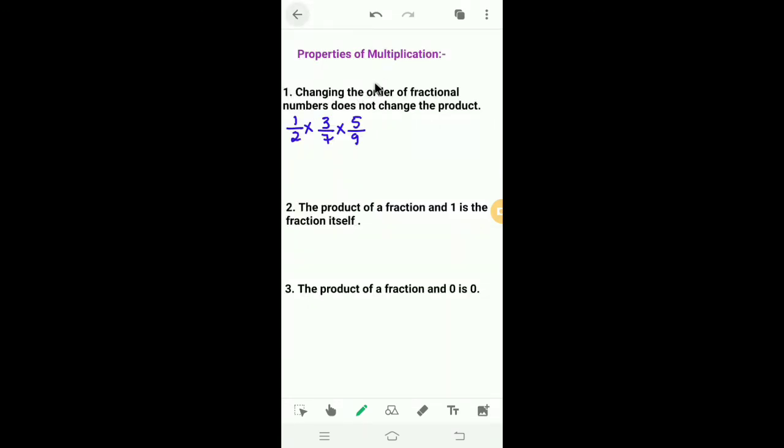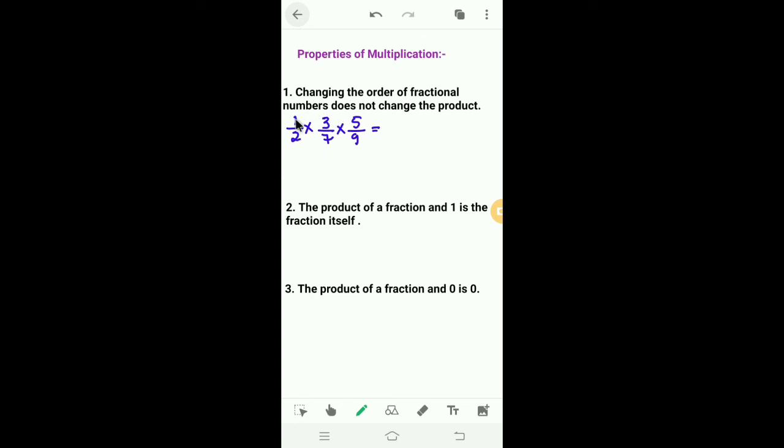Let's learn properties of multiplication. Here first property is changing the order of fractional numbers does not change the product. 1 by 2 into 3 by 7 into 5 by 9.